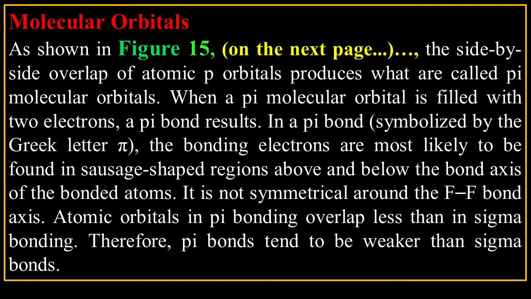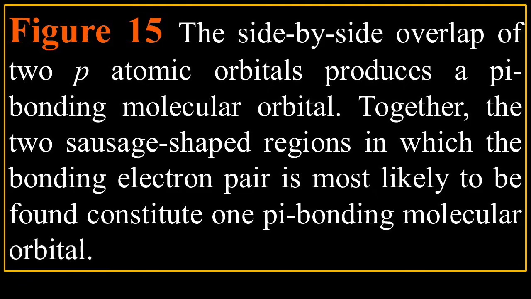In a pi bond, symbolized by the Greek letter pi, the bonding electrons are most likely to be found in sausage-shaped regions above and below the bond axis of the bonded atoms. It is not symmetrical around the F-F bond axis. Atomic orbitals in pi bonding overlap less than in sigma bonding. Therefore, pi bonds tend to be weaker than sigma bonds.